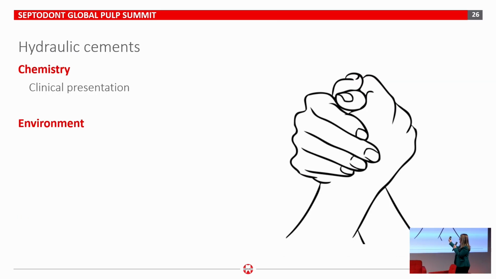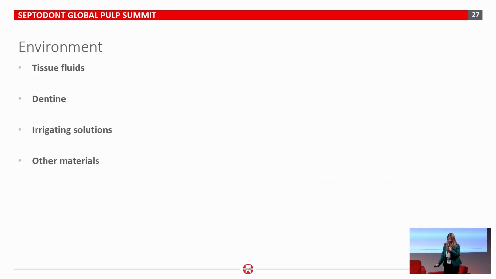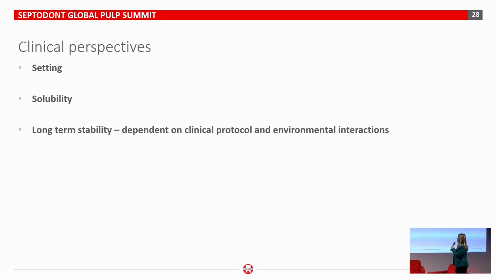So for hydraulic cements, and you can forget the rest of the slides, the importance is the chemistry, the clinical presentation, and the environment. The environment is tissue fluids, the environment is dentin, irrigating solutions, and other materials that we will put over the hydraulic cements. From the clinical perspective, I think the setting time is very, very important.